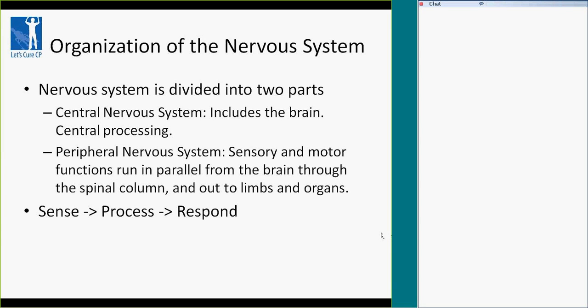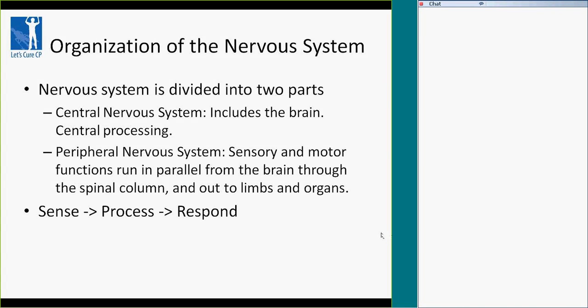In general, the nervous system is divided into two parts. The central nervous system, which is the CNS, that's the brain. It's your central processing unit. And then there's the peripheral nervous system, the PNS, which is essentially the spinal cord and the neurons associated with the spinal cord. The basic design of the nervous system is you've got sensory neurons for inputs.